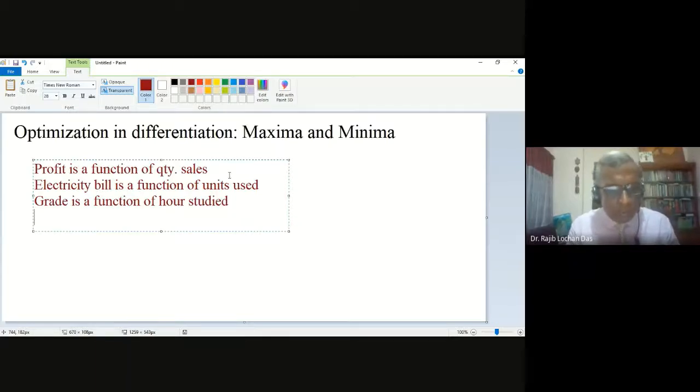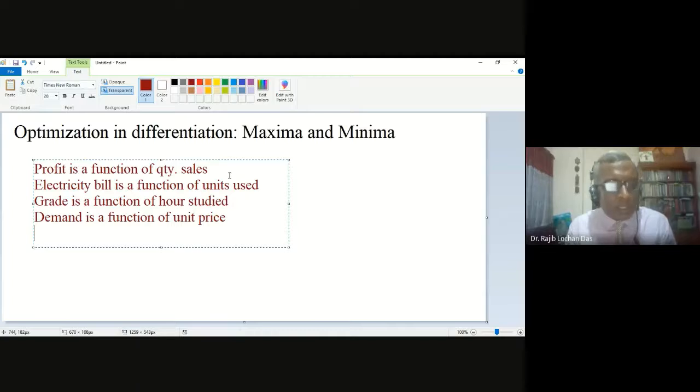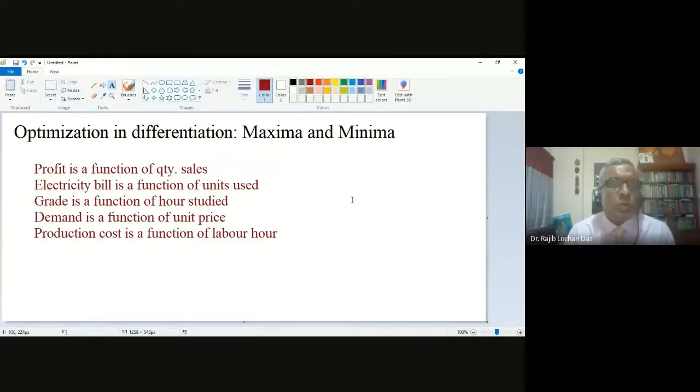Another example may be demand is a function of price, the unit price of a product. There may be other examples like production cost is a function of the labor hours.